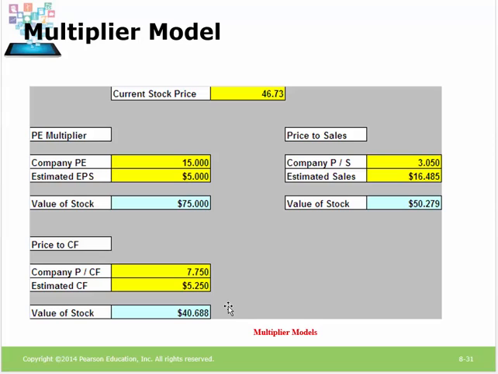If you use all of these techniques, you will find that they accumulate or bunch around a certain range, and you can kind of feel that the stock price would be in that area. And again, as long as your current stock price is less than what that grouping is, you can be pretty certain that the stock price will rise in the future.